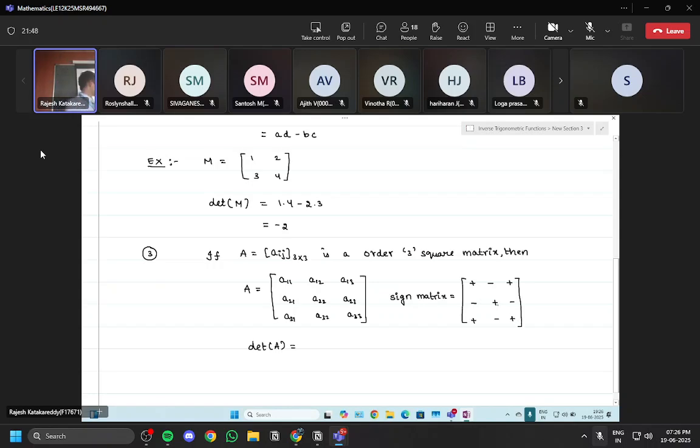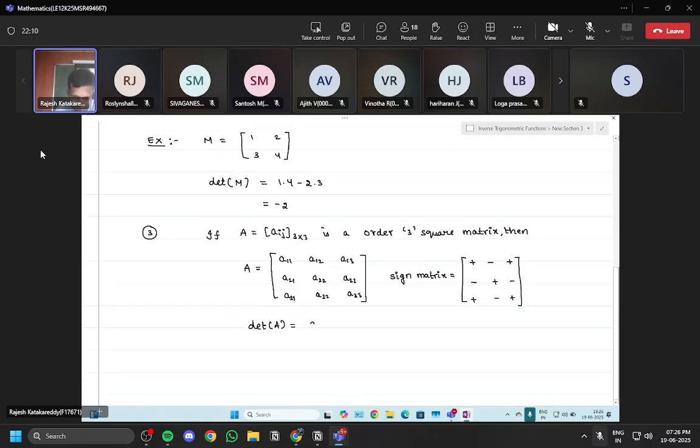Right? So we are finding determinant of this matrix. Again, initially we will use row 1. Right? We are trying to expand the determinant. We are trying to calculate using row 1. So in row 1, first element is A11. Delete row 1, column 1, and then take the determinant of what you have. This is equals to A11 into determinant of A22, A23, A32, and A33.